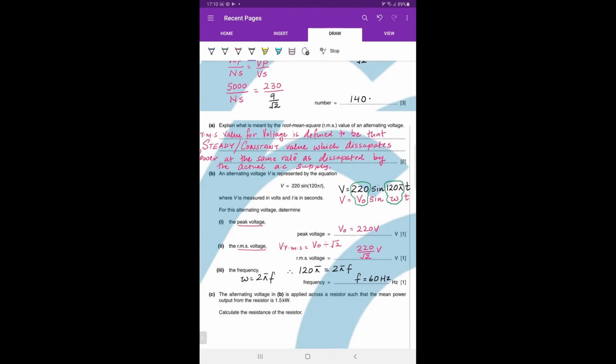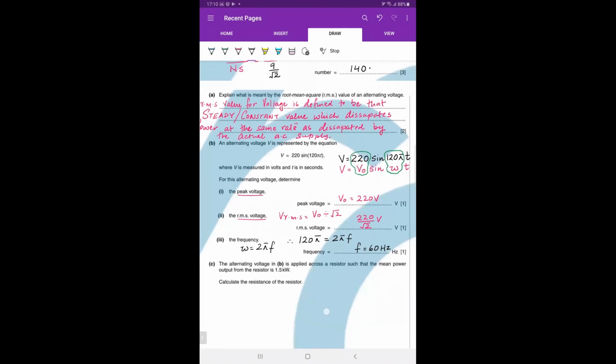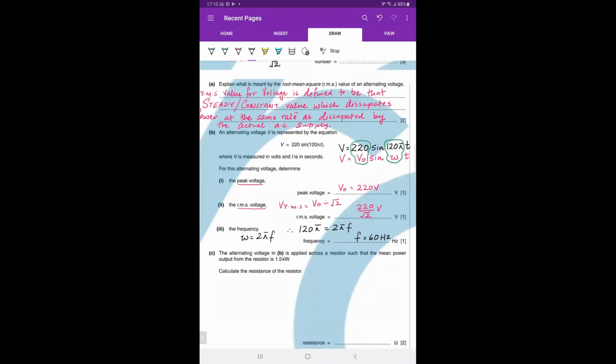Next part में मैं थोड़ा कोशिश करके जल्दी करता जा रहा हूँ। सी पार्ट के अंदर दे आर आस्किंग अस the alternating voltage is applied across a resistor such that the mean power is 1.5 kilowatt.